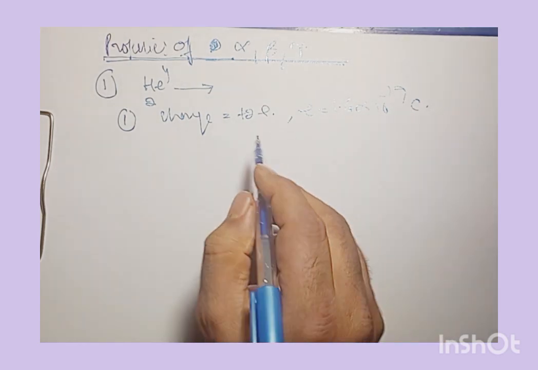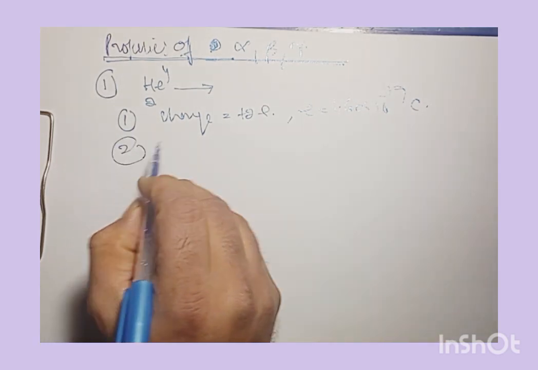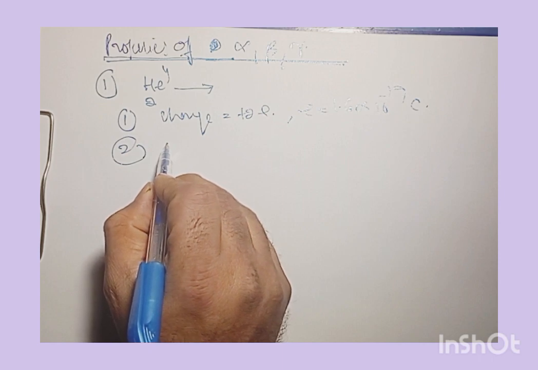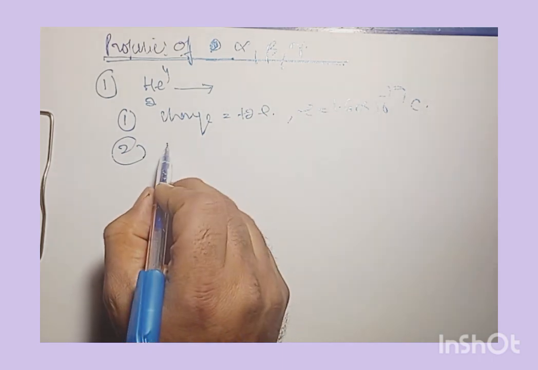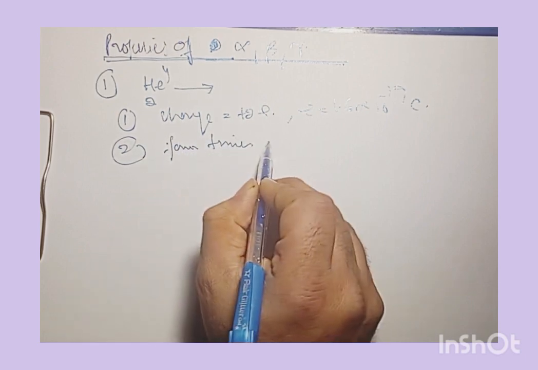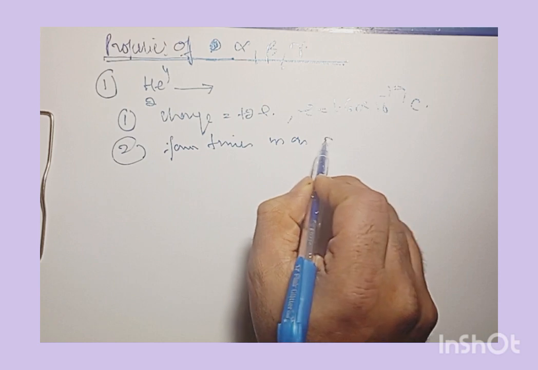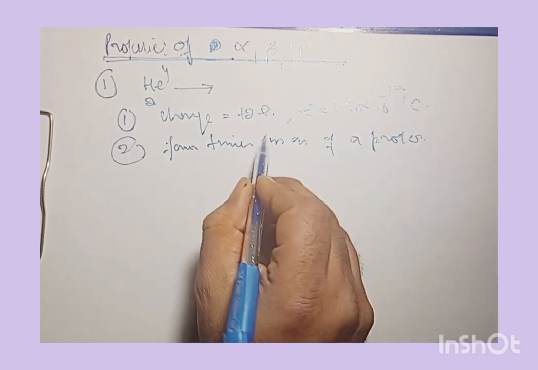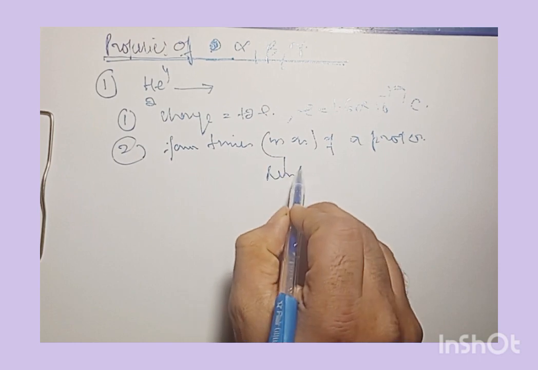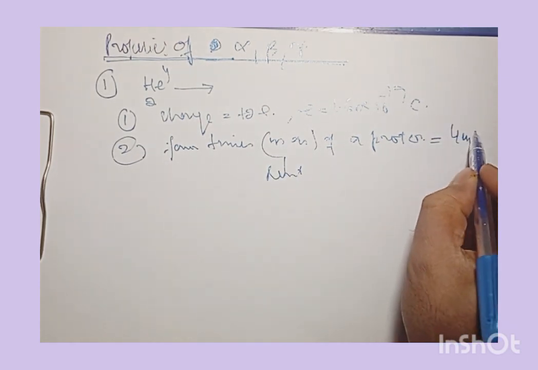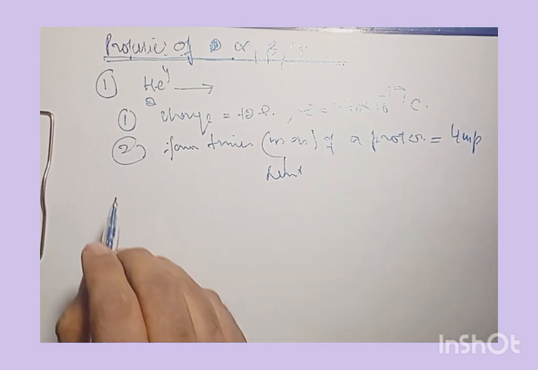And they have a rest mass, which is four times the mass of a proton. So we can roughly say four times the mass of a proton.